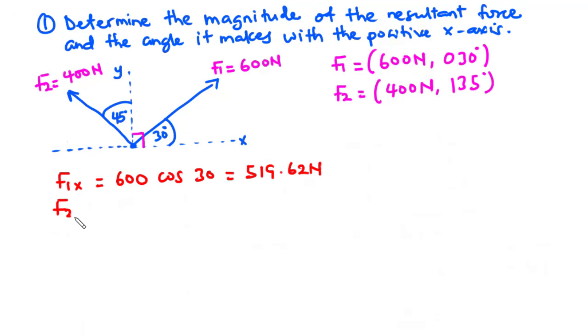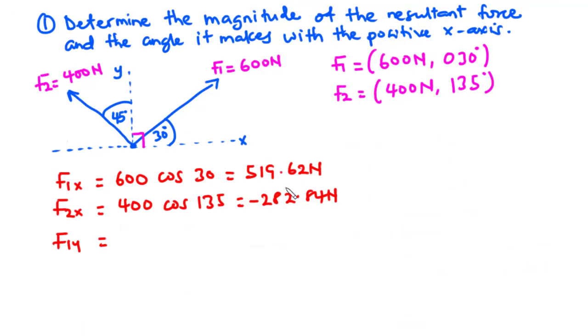Now let's find F2x. F2x is 400 cos 135, and that is equal to negative 282.84 newtons. Now let's find F1y.